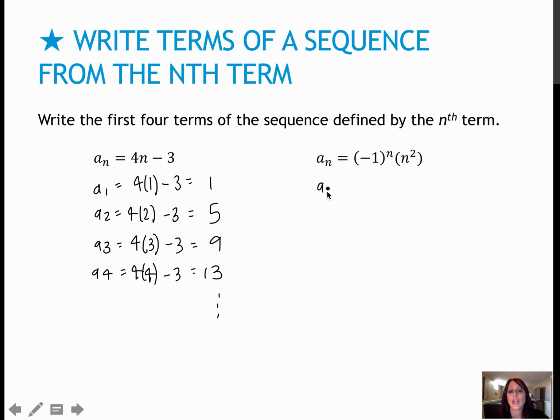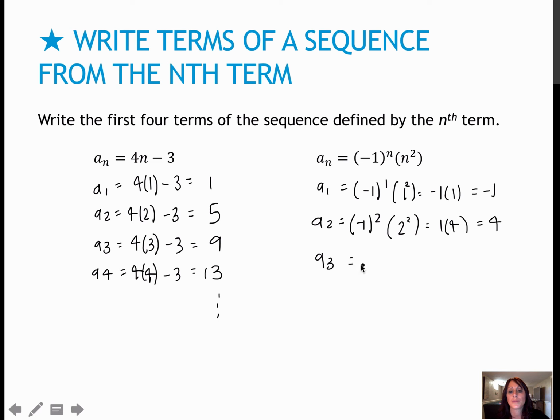For the other, a sub 1 would be negative 1 to the first, and then 1 squared, which gives me negative 1 times 1, which is negative 1. A sub 2 is negative 1 squared times 2 squared. So negative 1 squared gives me a positive 1. 2 squared is 4. A sub 3 is negative 1 to the third, times 3 squared.